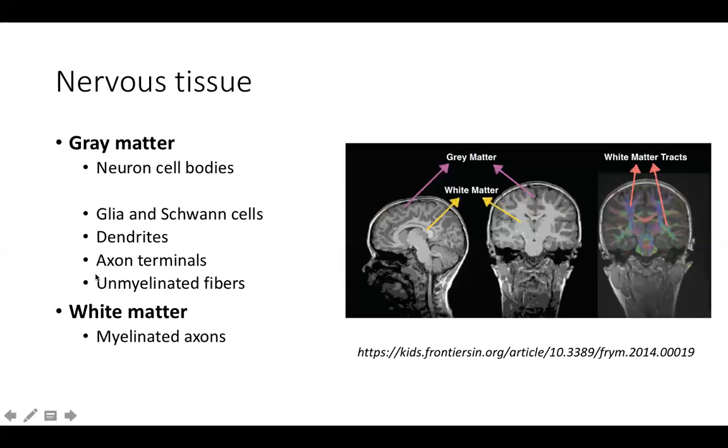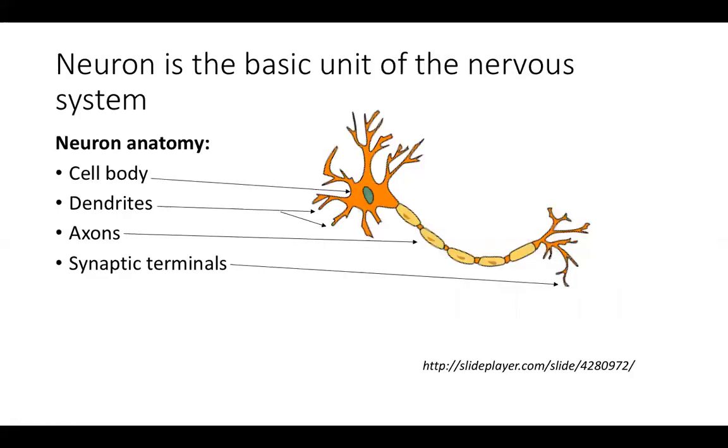I'm noticing here that I wrote unmyelinated fibers, and I'd like to mention something really briefly before we continue. I want to take a step back. Here, the axon that is projecting out of the cell body has a protection layer called myelin, and that here is in yellow.